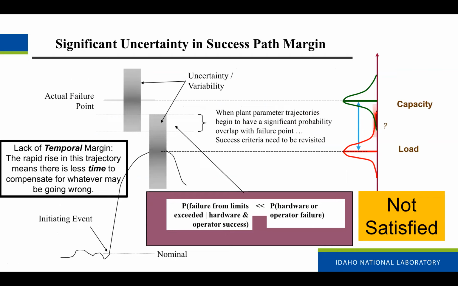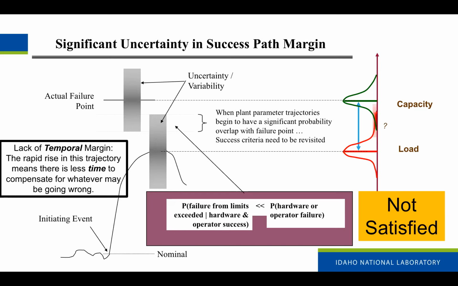If you're counting on a safety injection pump that isn't super high head, and the PORV throat capacity is a little less than you thought, or maybe you're actuating it a little late or something like that, you may not actually feed enough to achieve the requirement.